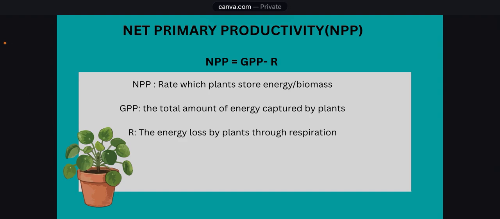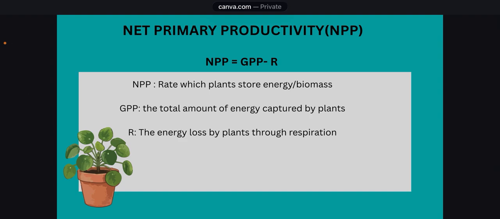I like to think of this in terms of pay, right? It's after tax is incorporated, and it's basically what's left, what you get to keep.